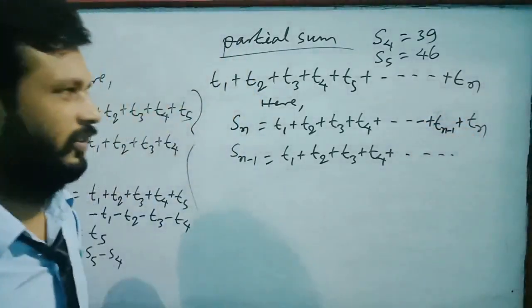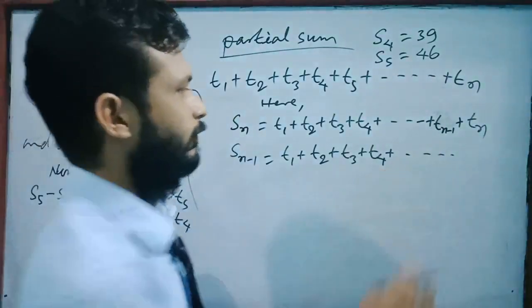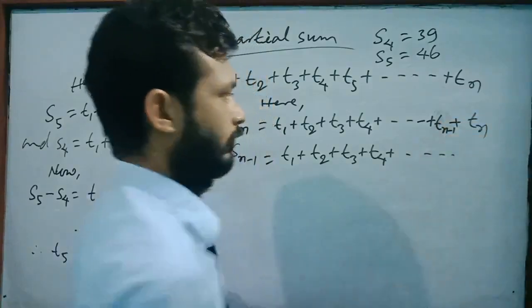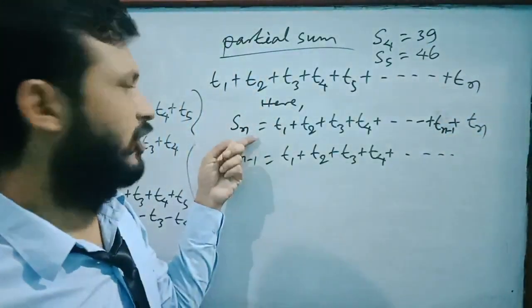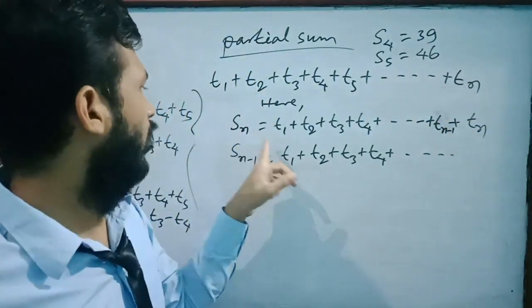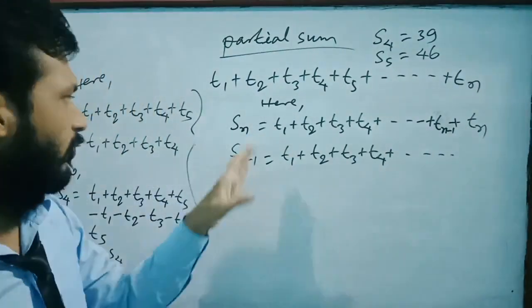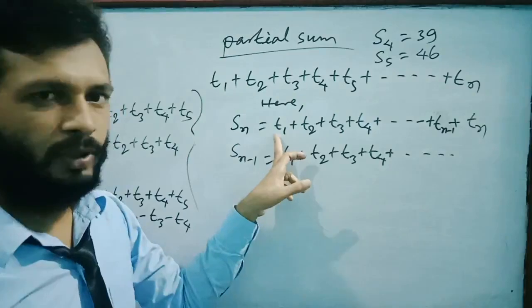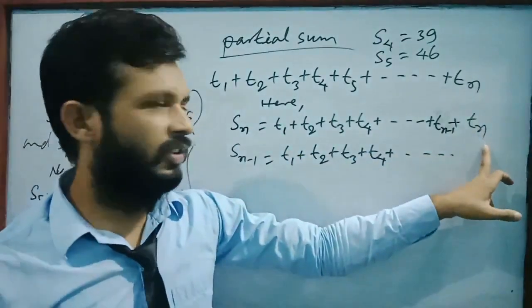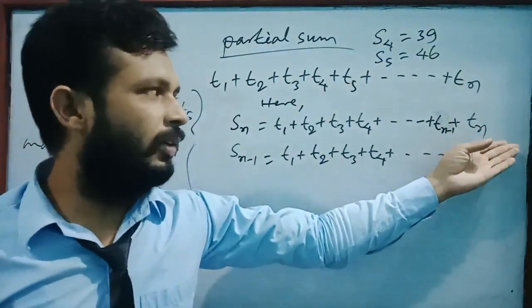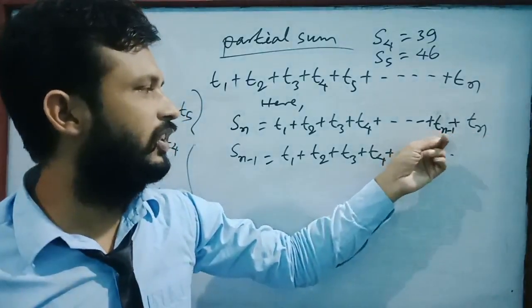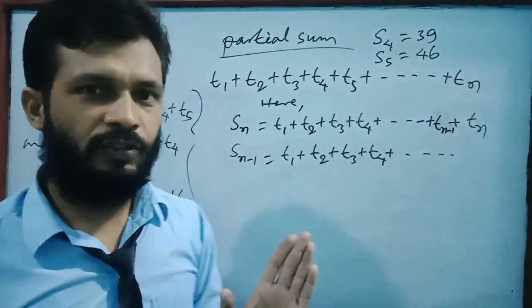Tn minus 1. Understood? Sn means sum of first n terms, starting from first term T1 up to Tn. Then what is the preceding term of Tn? Preceding term of Tn equal to Tn minus 1. Understood?